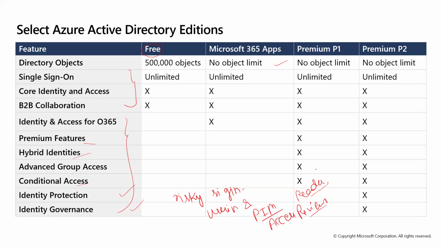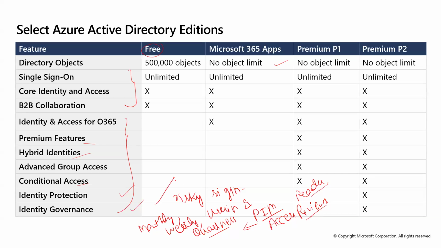So as an administrator, you don't want to take that risk, and what you want to do is go for access reviews. Maybe monthly, weekly, or quarterly, you could review all the access provided to the existing employees.